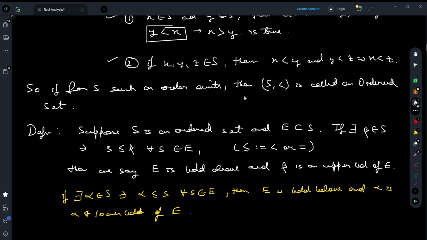That's the order being defined in a different way.